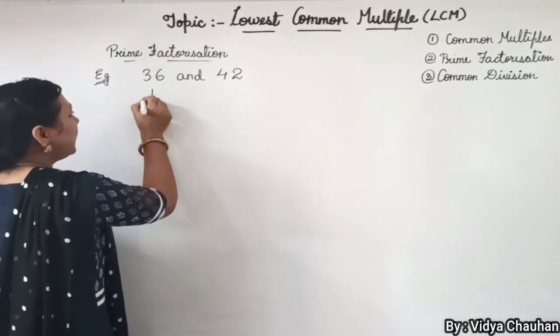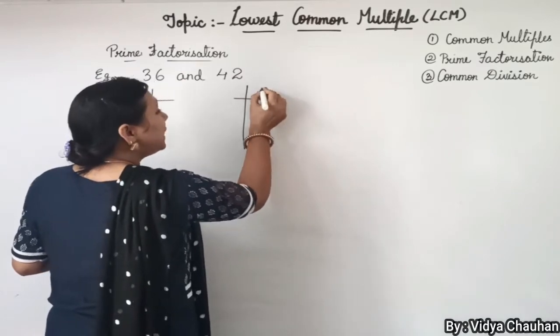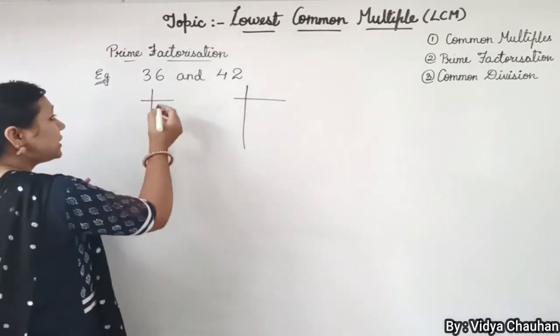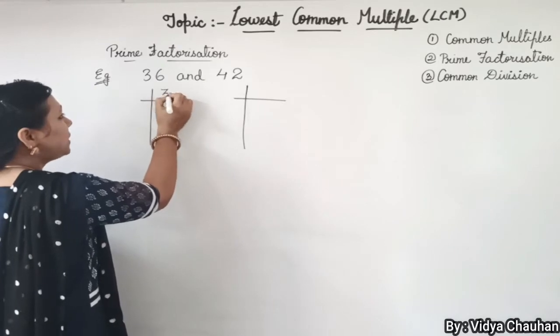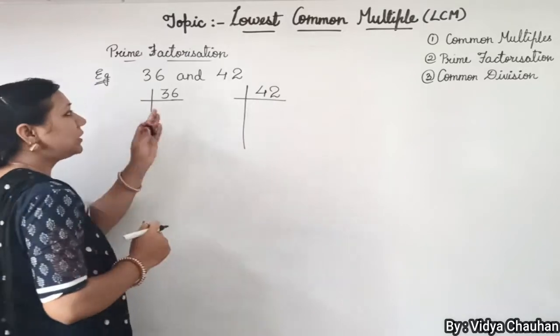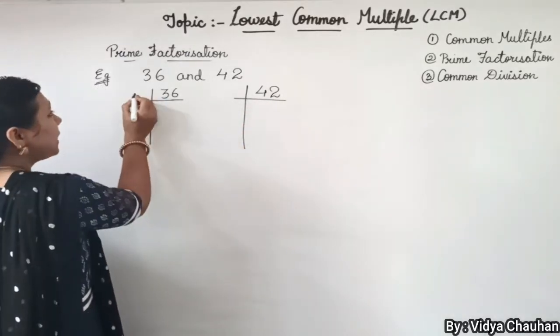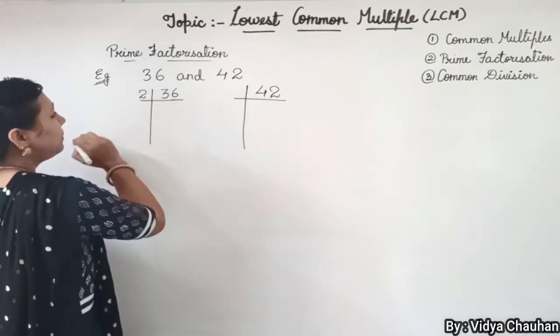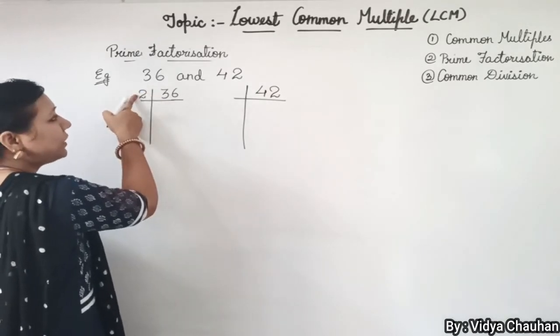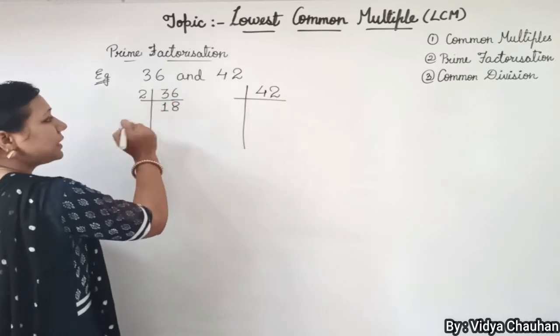The process is the same as we did in the prime factorization method for finding the HCF. In a similar manner, I am going to write these two numbers in two different factorization setups, 36 on one side, 42 on the other. Now start dividing the numbers by prime numbers. Starting with 2, 2 18 times gives us 36.